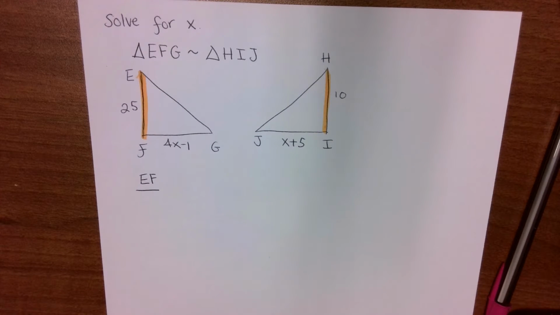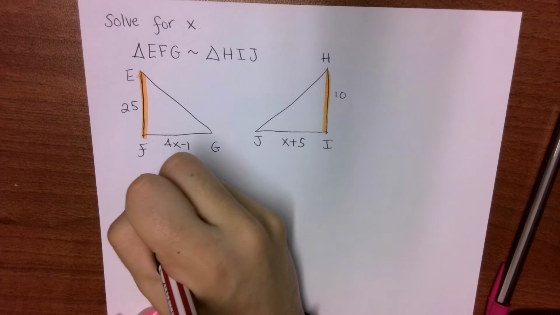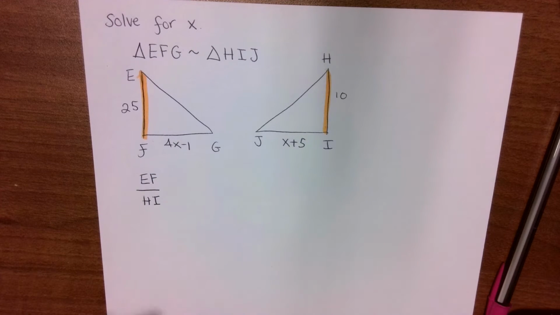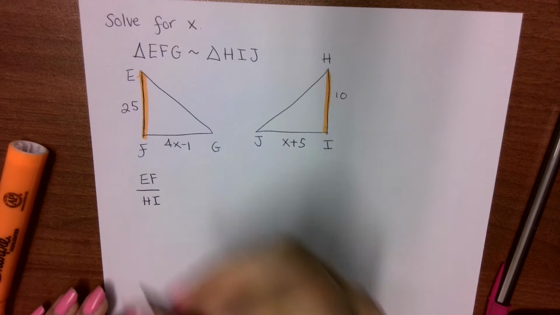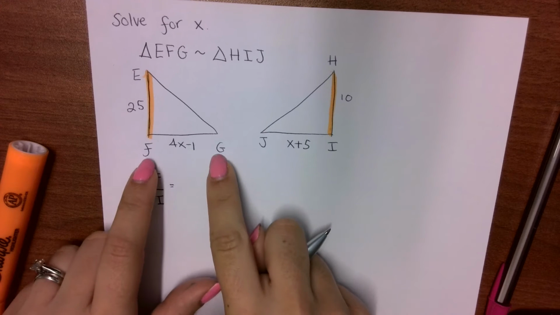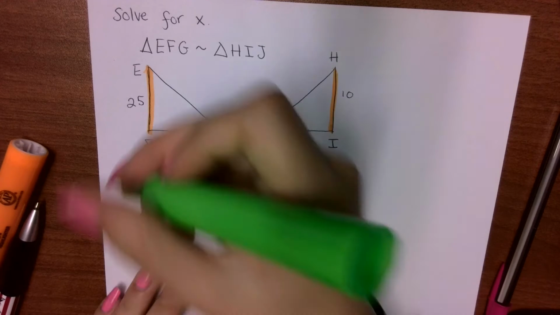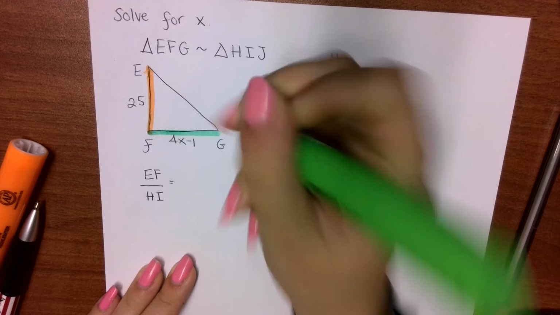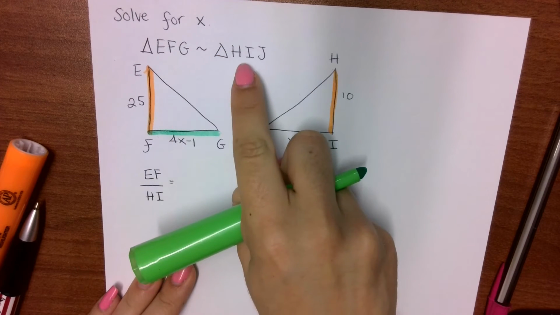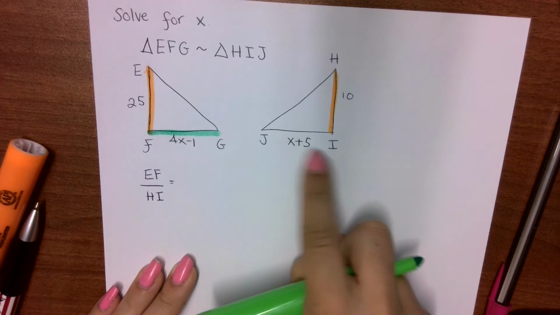Well, not the same, but they're corresponding here. So next, I have FG. FG corresponds to IJ.